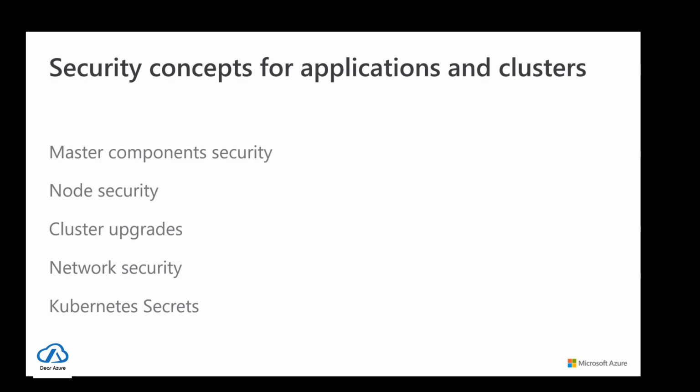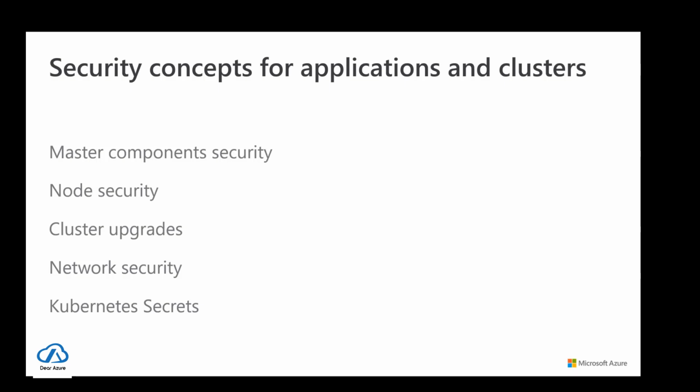These are all in the list that you see on screen: master component security, node security, cluster upgrades. Let me touch briefly on one of them now, and then we go more into the details in a few slides. So in AKS, master components are part of the managed service provided by Microsoft in Azure.